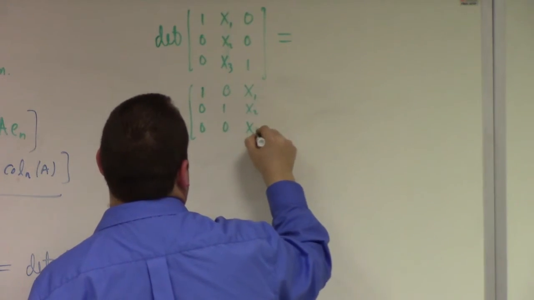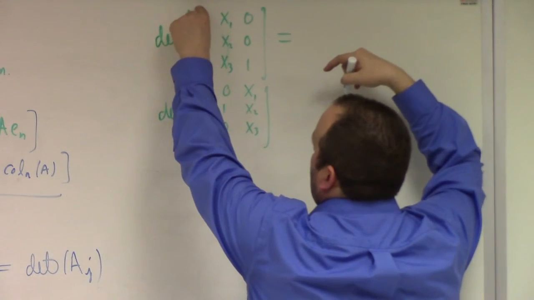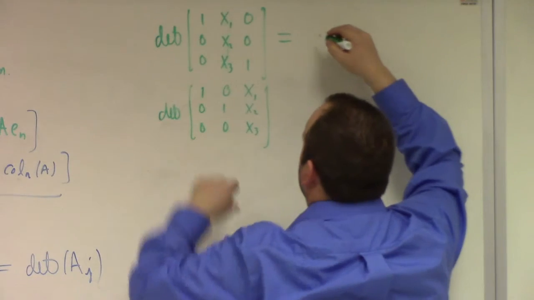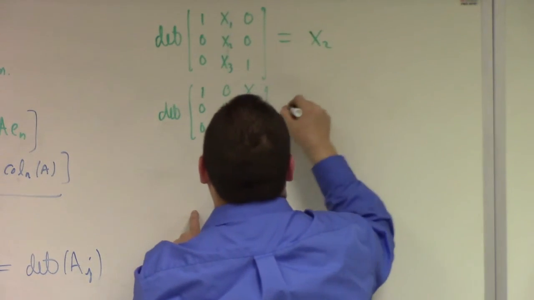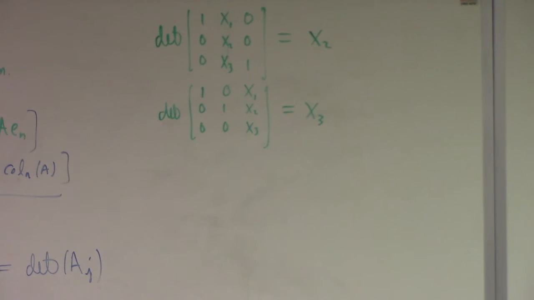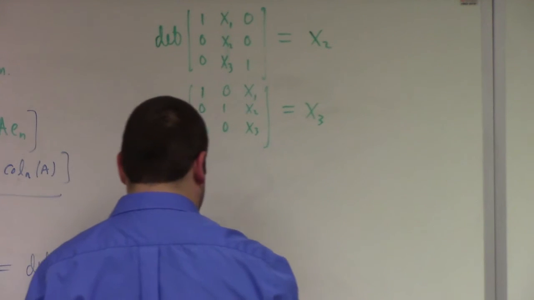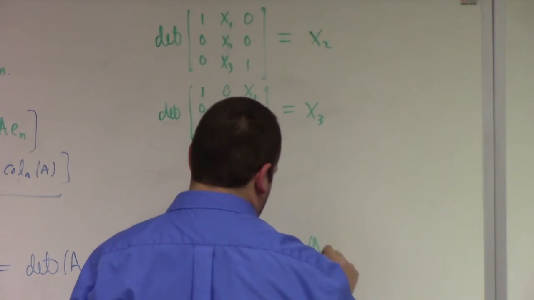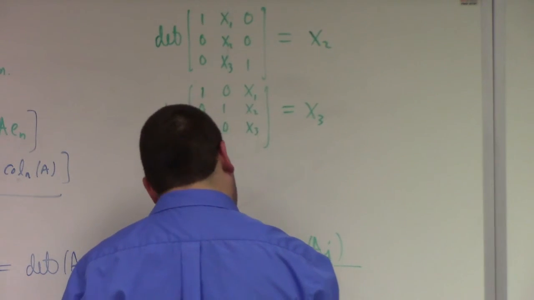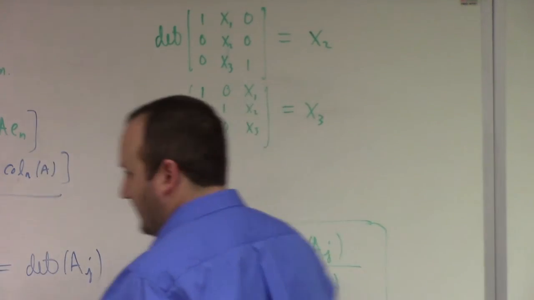If you calculate this, what do I get? That's x2. This is x3 if you work it out. You can prove, in fact, that this is precisely x sub j. Therefore, x sub j is the determinant of A sub j divided by the determinant of A. This, my friends, is your beloved Cramer's rule.